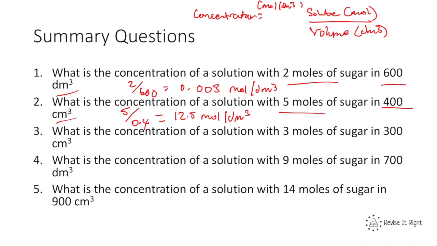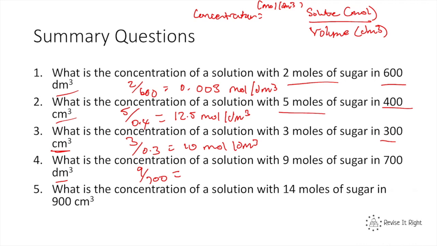For question 3, you should have done 3 divided by 0.3, because again it's in centimeters, we needed to convert it. You pop that into a calculator and you get 10 moles per decimeter cubed. For question 4, you should have done 9 divided by 700. This is in dm cubed, therefore we don't have to convert.